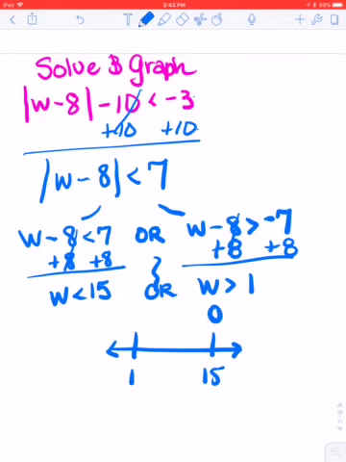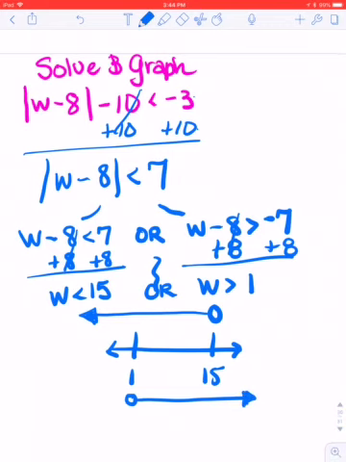So if I do the first one, open circle at 15, this tells me which way my line is going to go. So my line's going to go this way. And on this one, open circle at 1. And this tells me which way my line's going to go. So that tells me it's going to go this way.